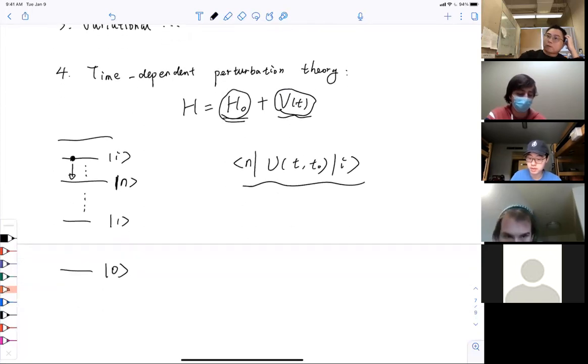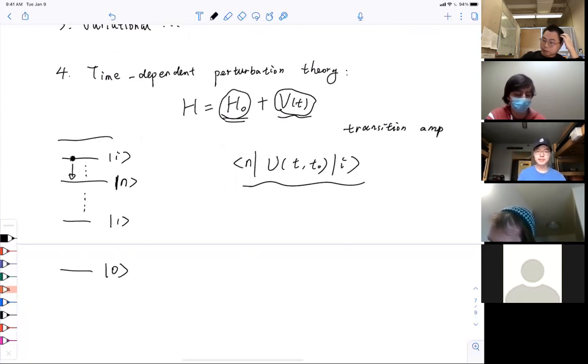And of course, by the way, this is also called the transition amplitude. The square of this gives us the transition probability from i to n.